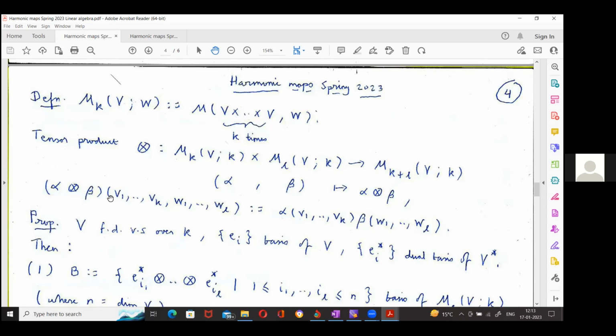Alpha tensor beta of k+l variables, v1 to vk, w1 to wl, is defined to be the product alpha(v1, ..., vk) times beta(w1, ..., wl). Alpha and beta both take values in the base field of the vector space, so this product is in the field. So it's clear that this will be a multilinear function of k+l variables, right? So we can define a tensor product of two multilinear functions.